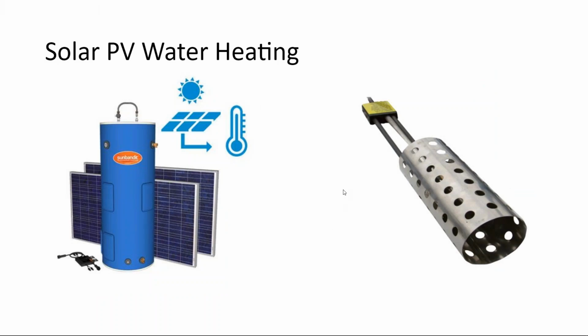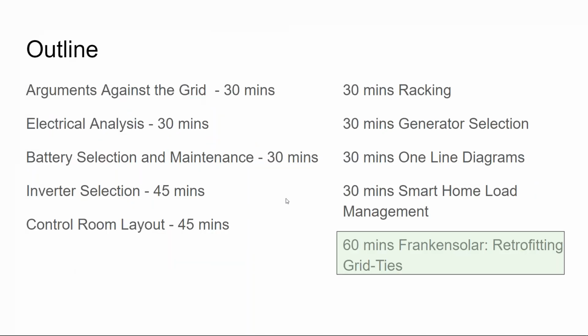Solar water heating is another big application. There's a product out there where the solar panels are directly wired into the water tank, or you could have an intelligent water tank that uses the surplus energy of the entire system, which is a better way to go about it.